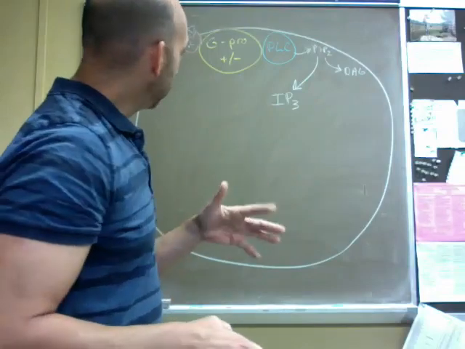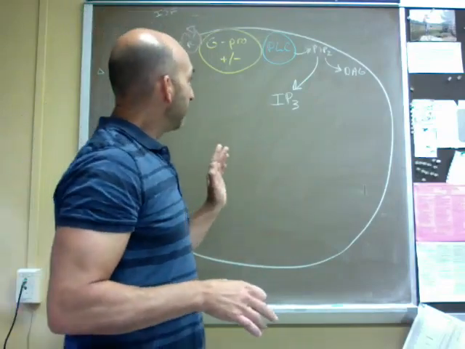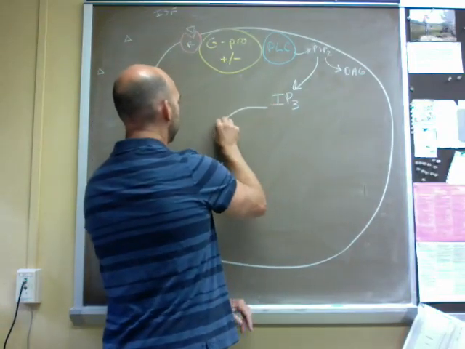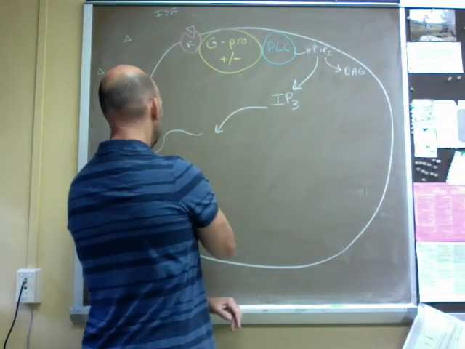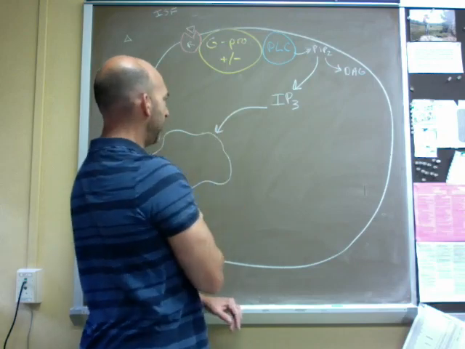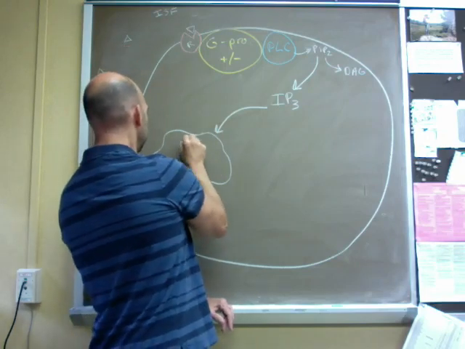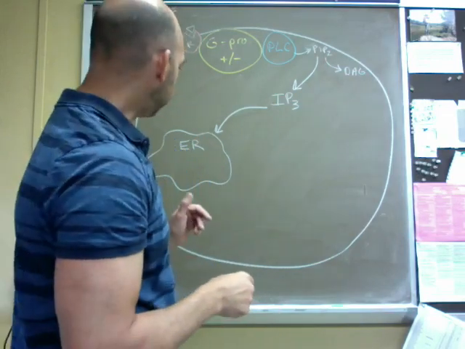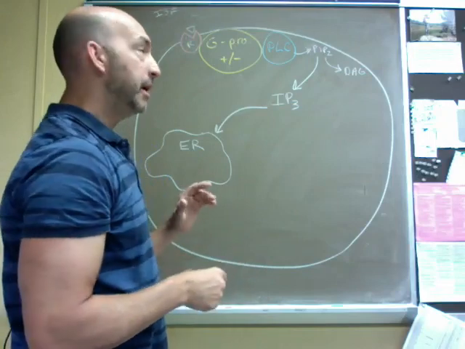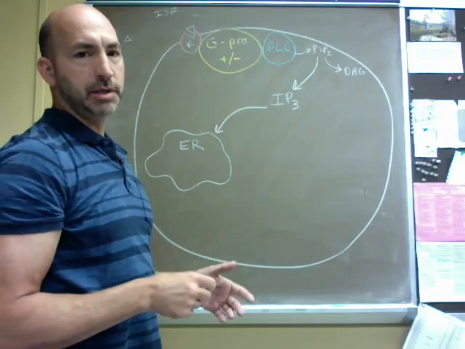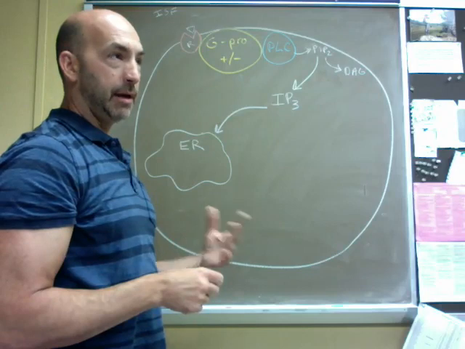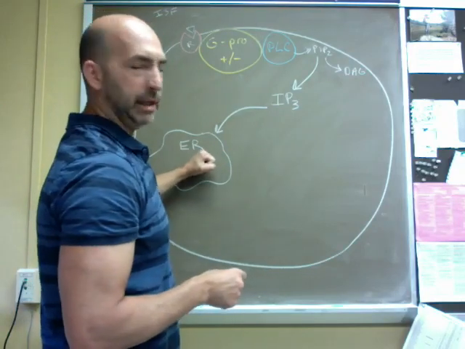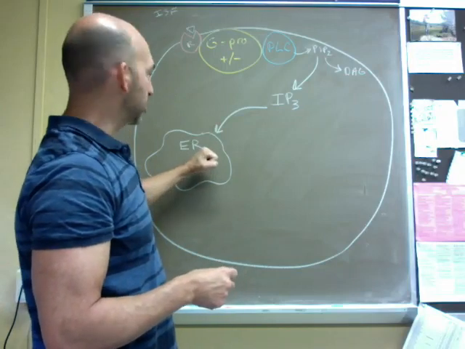So we've got to pick a direction and follow one of them. The IP3 is going to go off and act on an organelle called the endoplasmic reticulum. The endoplasmic reticulum serves as a storage site for calcium. It keeps the cytoplasmic calcium levels low by pumping it into the ER and storing it here.